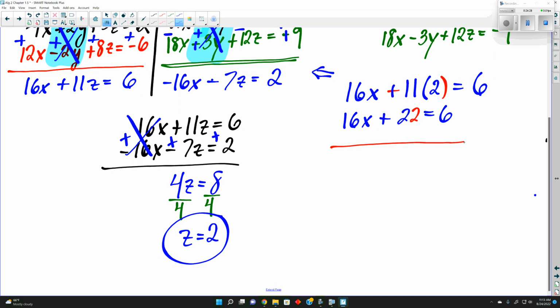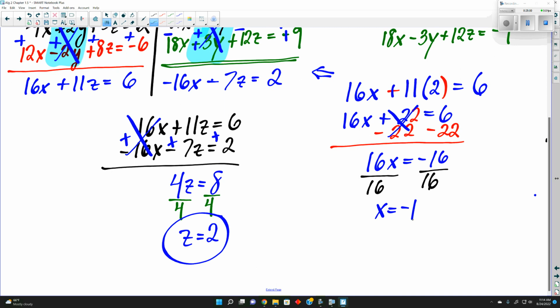We would minus 22 from both sides, yes. 22 minus 22 is 0, telling us 16x equals 6 minus 22, which is negative 16. So we can divide both sides by 16, telling us x is negative 1. So we have x and z.